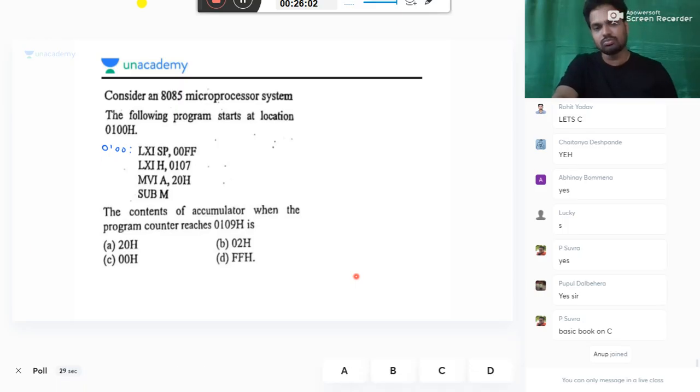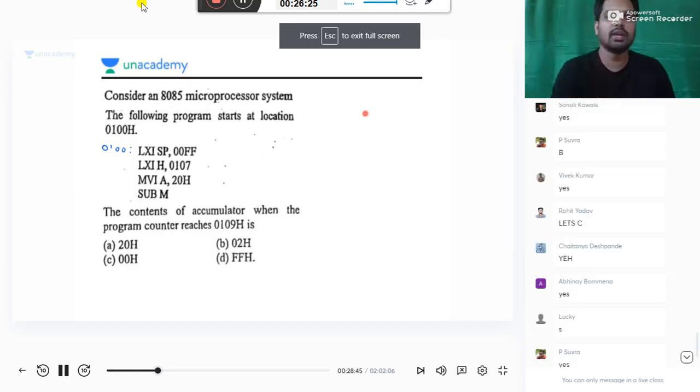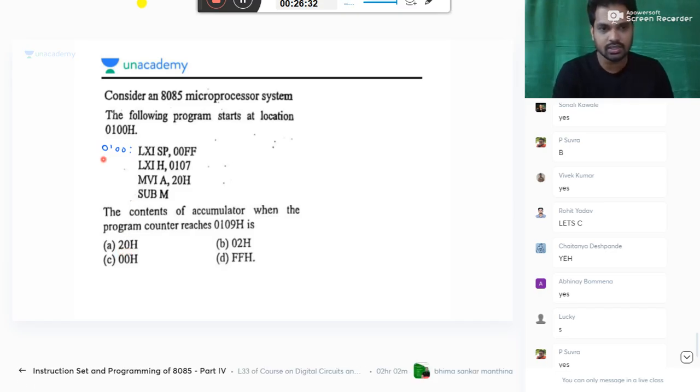So start the poll. So Mohan, Abhinay, he can also be the right answer for me. Okay, I will come to that. So let us see.